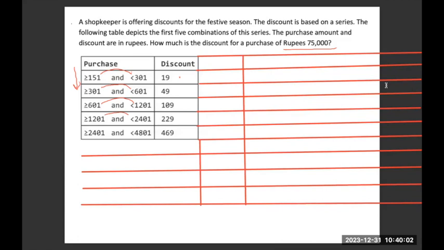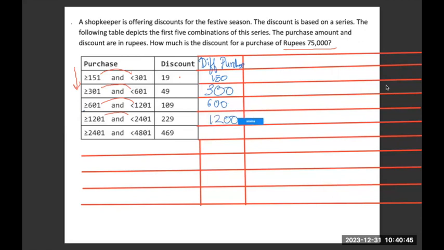Now, if you start observing the difference between the purchase, I'm writing the difference. 301 minus 151 is 150. 601 minus 301 is 300. 1201 minus 601 is 600. The difference of the next combination is 1200.